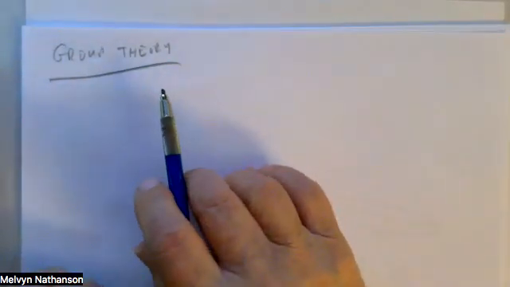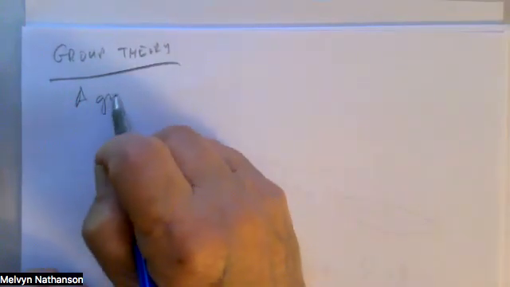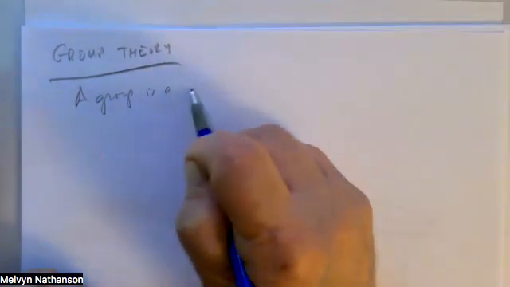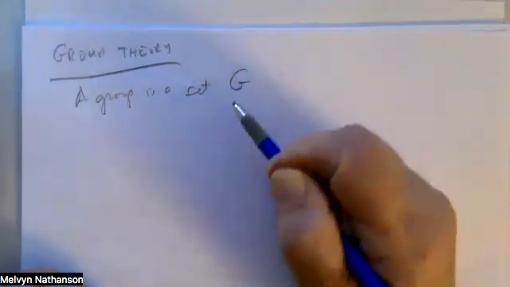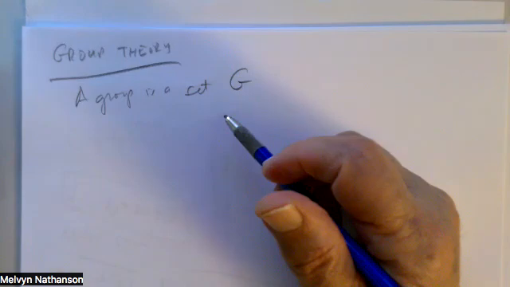So some people in this course have had algebra and some people have not, and I'm going to assume no one has. So what is a group? A group is a set, we'll call it G for group, where you have some binary operation.